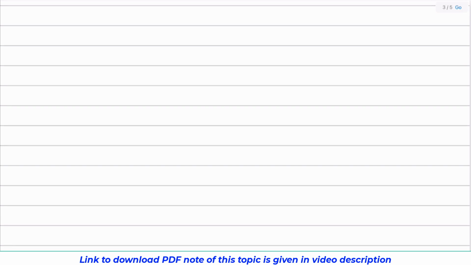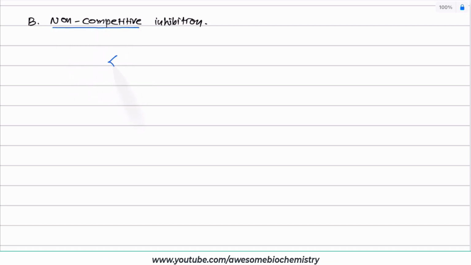So the next thing to discuss is non-competitive inhibition. Now to understand non-competitive inhibition, suppose this is the enzyme molecule E and this triangle represents the substrate.